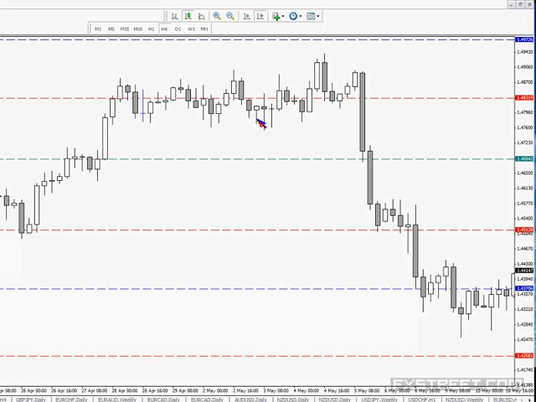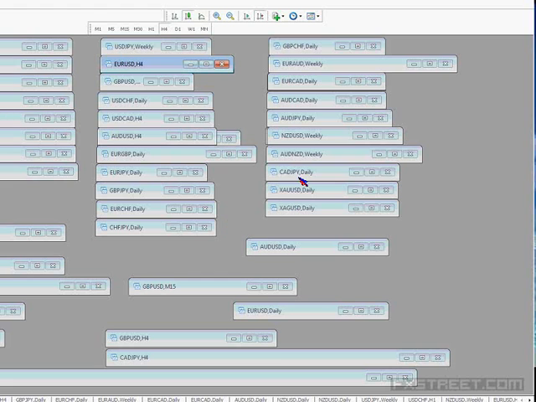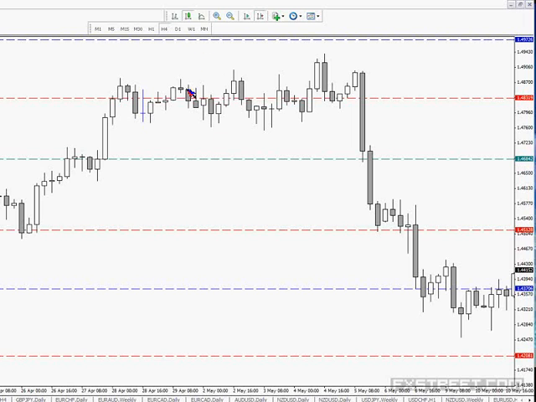Walter, if one trades on the daily and weekly charts, how many trades do you take per average month per pair? You know, Manoj, I follow about 20 pairs. There are 19 pairs on here, and with those 19 pairs, if I'm watching 3 time frames, there are plenty of charts.